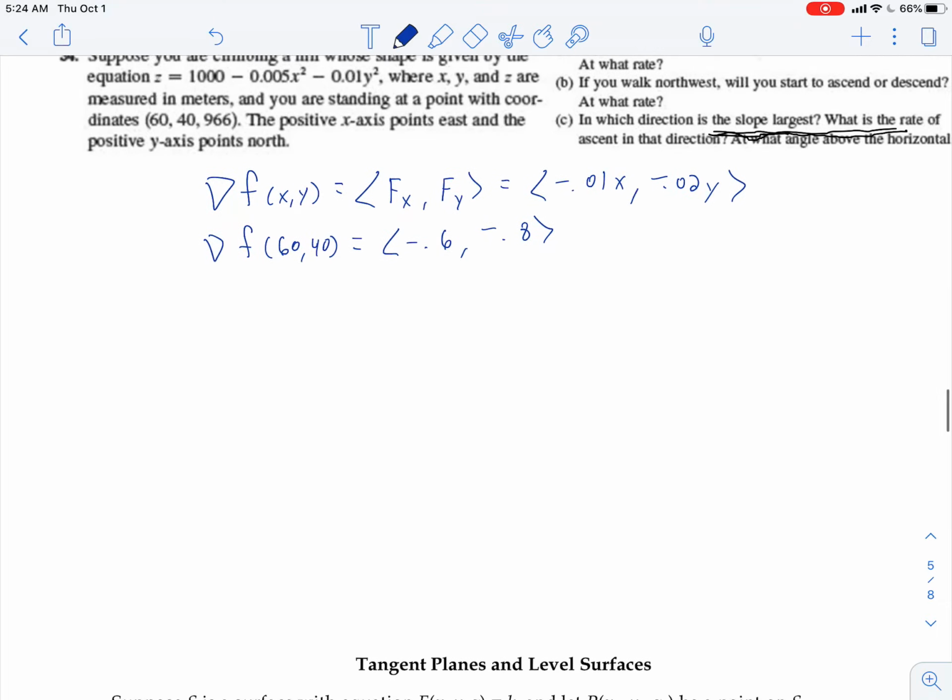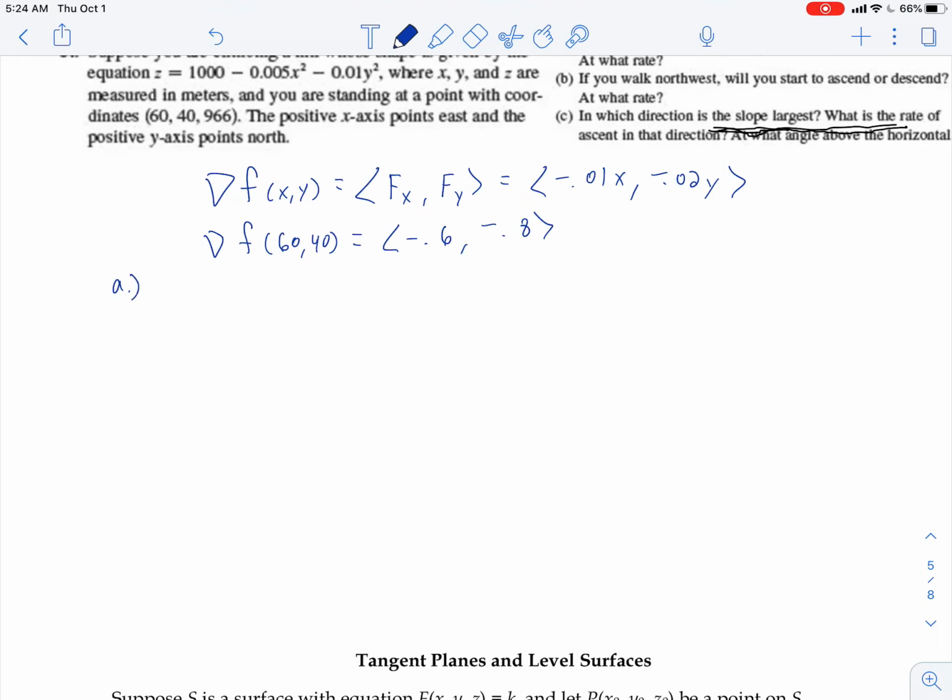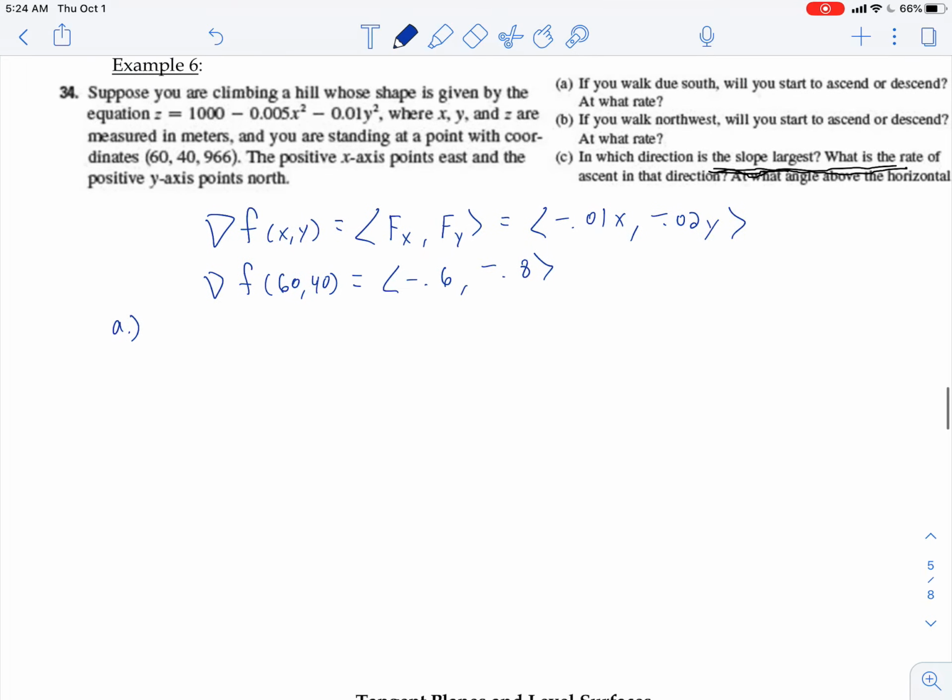Now, the first part, let's do A: if you walk due south. So we're just going to walk straight south. Will you start to ascend or descend, and at what rate? So for our directional derivative, I'm going to take the gradient of our function.